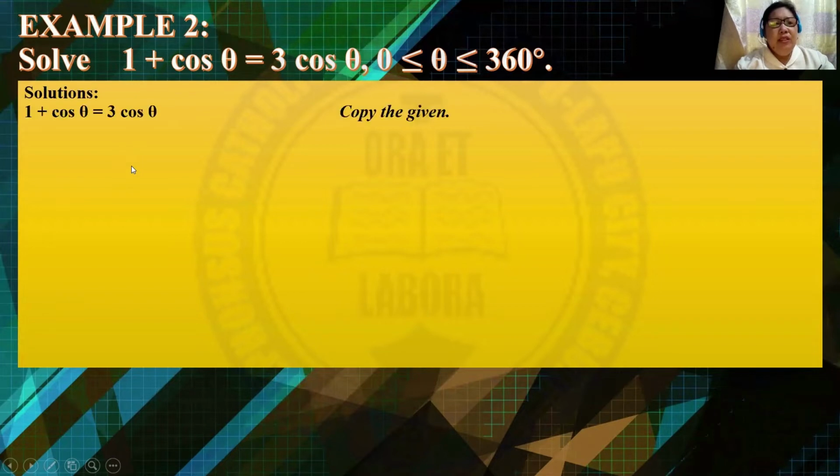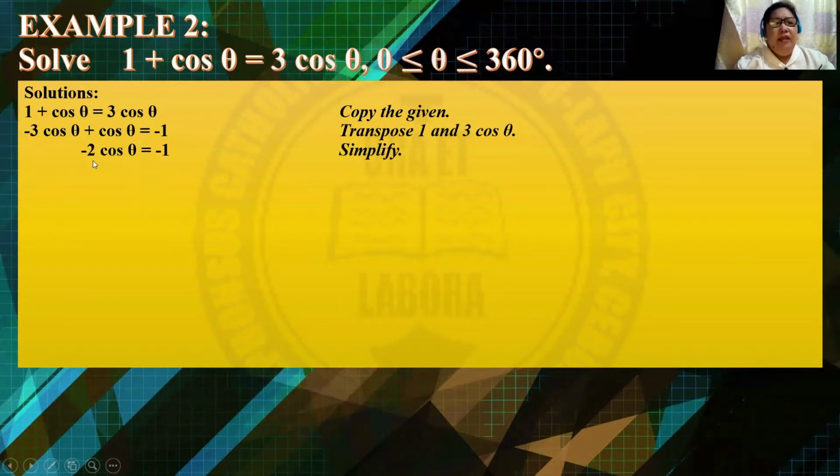For the solutions, you copy first the given and you transpose 1 to the other side, it will become negative 1, and transpose 3 cosine theta to the left side, then we have negative 3 cosine theta. And then you simplify: negative 3 plus 1 cosine theta is negative 2 cosine theta equals negative 1.